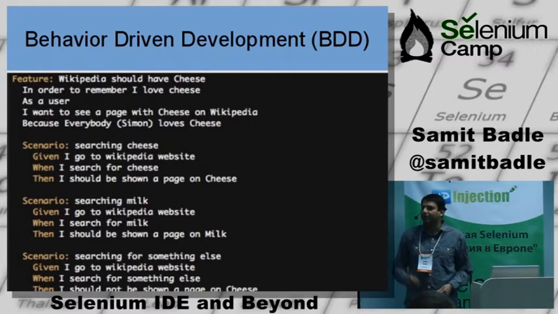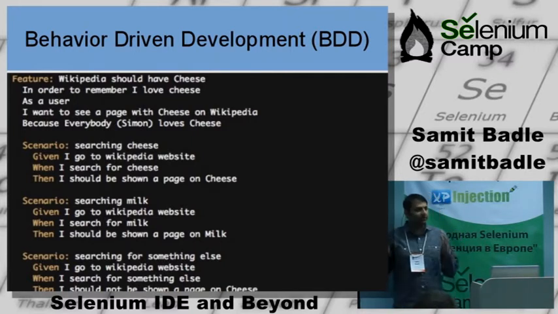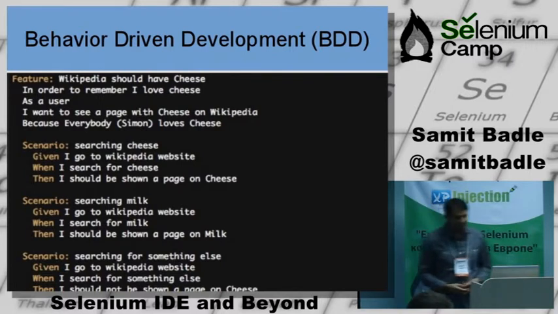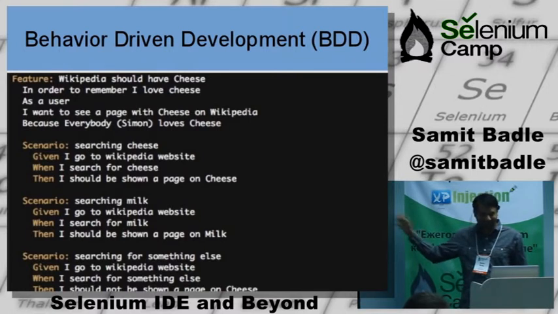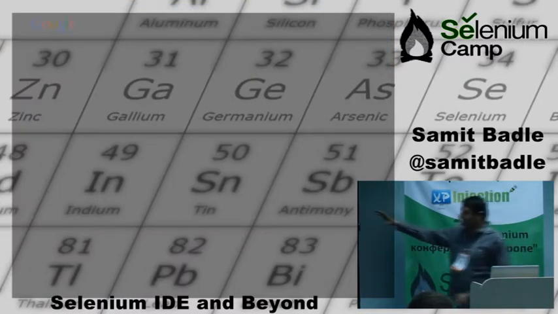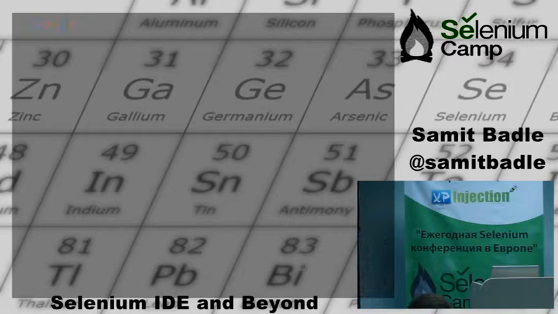Nice. Well, if you use Selenium, even the tests are written using cheese. And everybody loves cheese. So Simon loves cheese. That's why a lot of tests use cheese. So this is what we are talking about. When I want to search cheese, if I go to the Wikipedia page and I search for cheese, I see cheese.